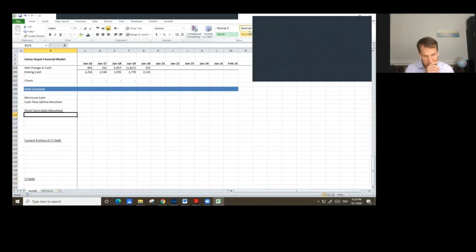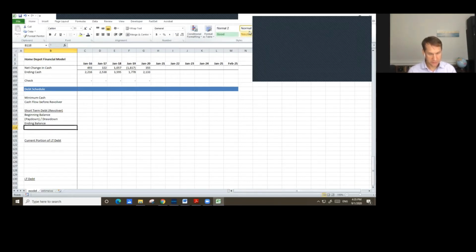So each schedule will have a similar layout. I'll have beginning balance. I'll have a pay down, which is a negative number that will go down, or drawdown, positive number. And then ending balance.